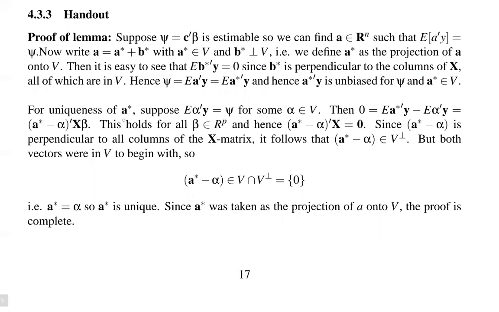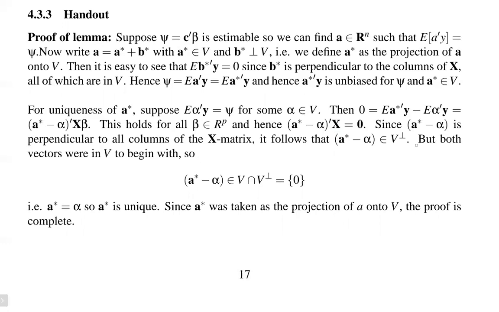Now, suppose that you have another one. Then we know that the expected value of the difference is 0 because they have the same expected value. And we know that A star minus alpha is perpendicular to the columns of X times the beta. Now, this has to hold for all beta, so it has to be simply perpendicular to the columns of X itself.